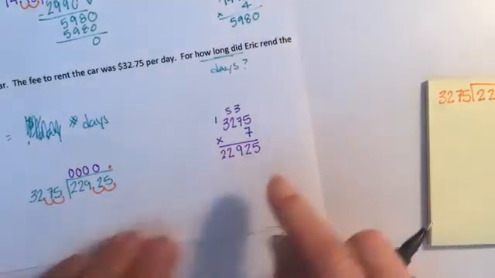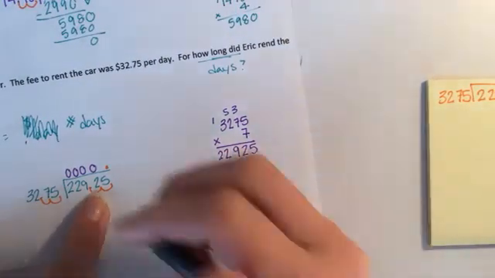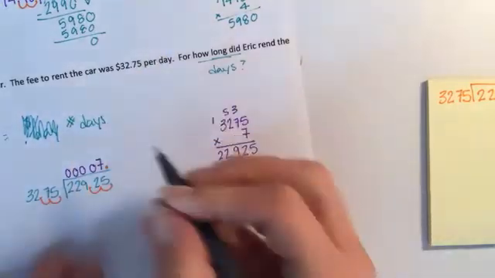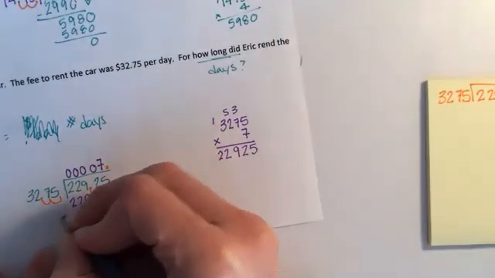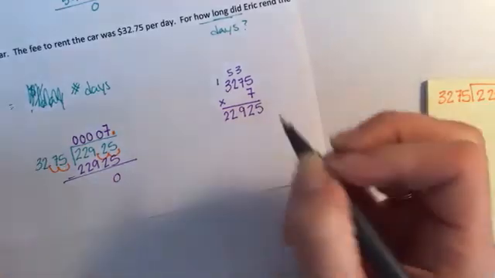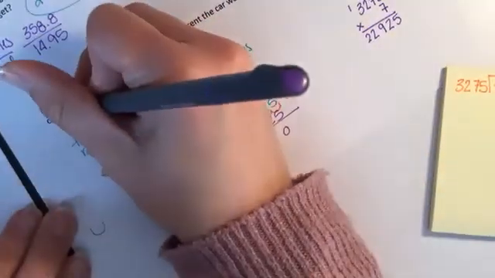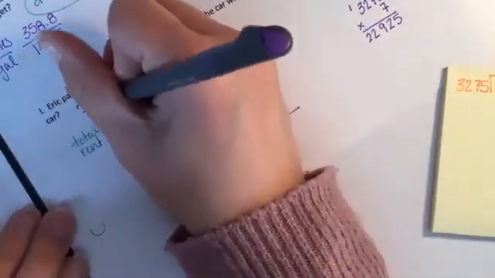So if you look at that, I landed right on my number. So 7 times this is 22925. So our answer is 7 days.